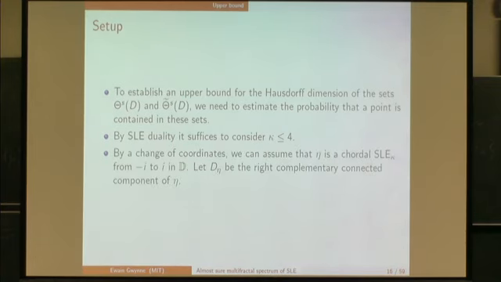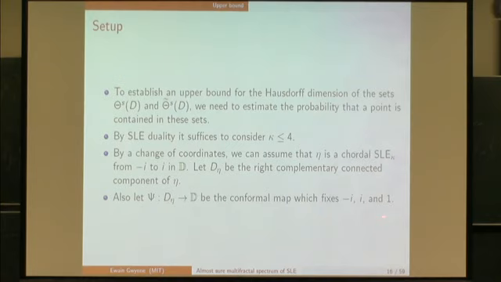And then by a change of coordinates, we can assume without loss of generality that we're looking at a chordal SLE kappa from negative i to i in the unit disk, and that the complementary connected component that we're interested in is just the right side of the curve. For the sake of concreteness, we're going to consider the conformal map psi, which takes the right complementary connected component of the curve into the unit disk and fixes negative i and 1.